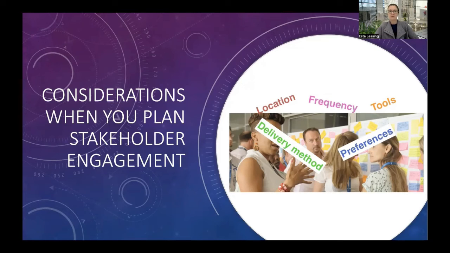So these are important considerations. You don't want to send somebody just emails if it is really more appropriate that you talk to them directly. So make sure that you have a really good strategy for engaging all the different types of stakeholders so that you can get the most out of all the elicitation that you have to do.